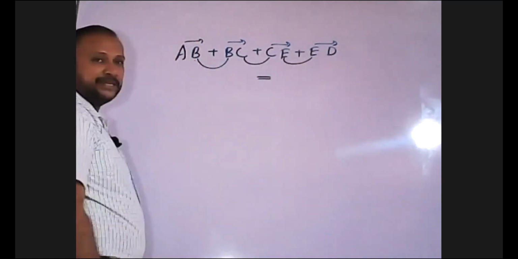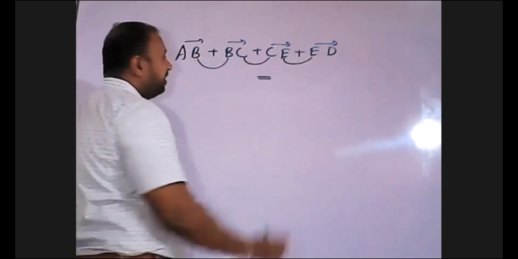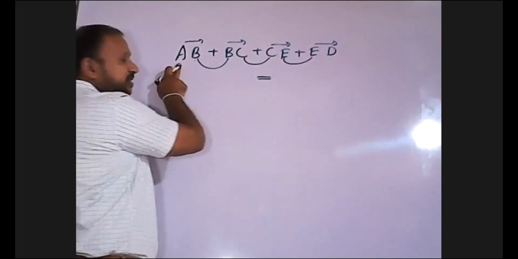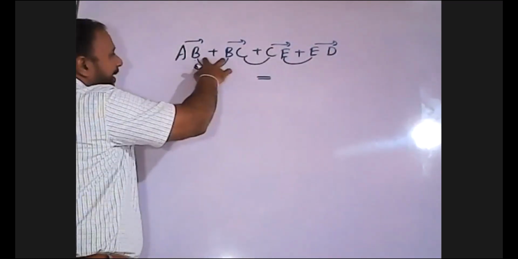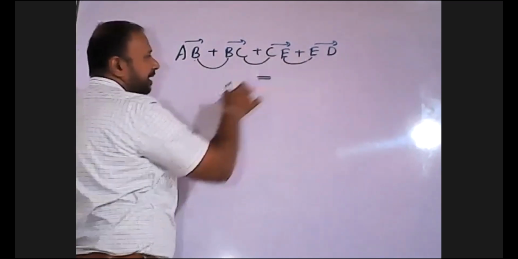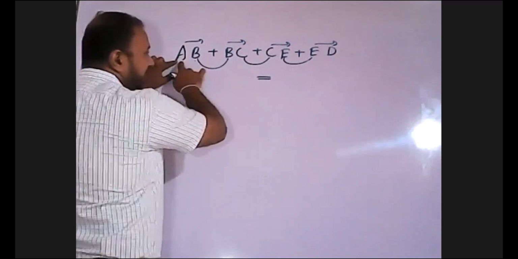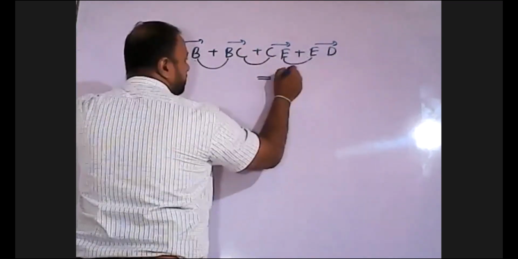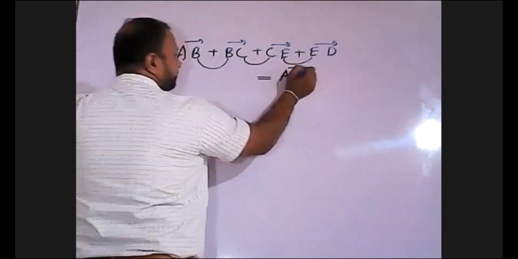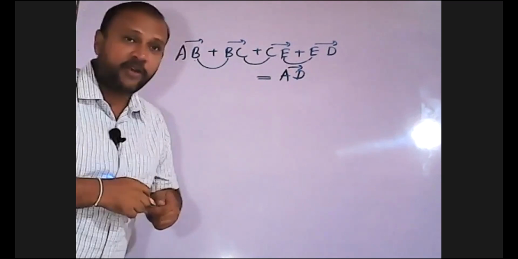Therefore, the answer is the starting point of the first vector and the end point of the last vector. The remaining points are A and D. So this is the starting point, this is the end point, so this is the resultant vector.